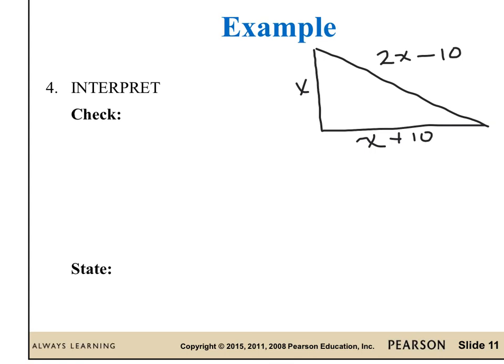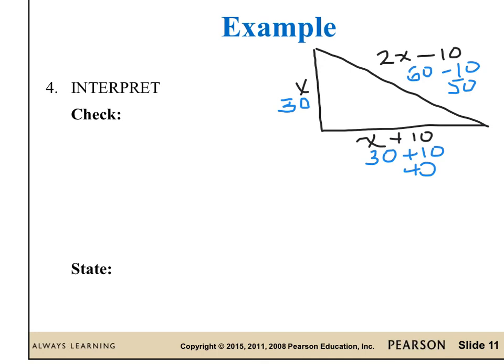And we now know that the length of the shorter leg was equal to 30, which means that the longer leg is 30 plus 10, which is 40. And that the hypotenuse is 2 times 30, which is 60, minus 10, and that means it's 50.